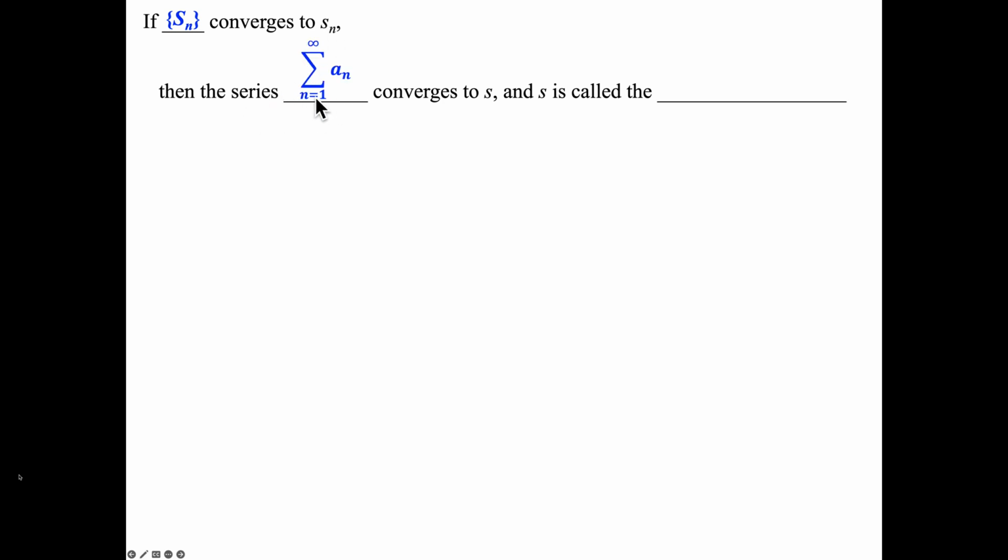Then the series, the summation of n going from 1 to infinity of a sub n, converges to S, and S is called the sum of the series. Again, not sure why I put that subscript in there, because it's just little s.